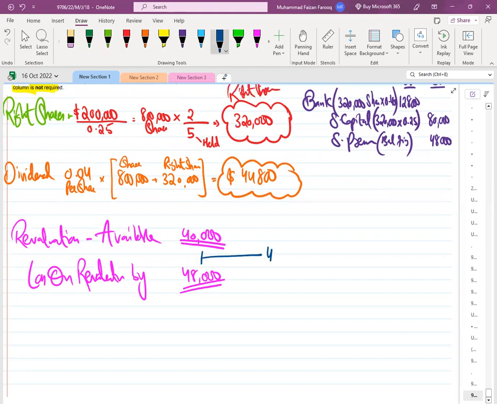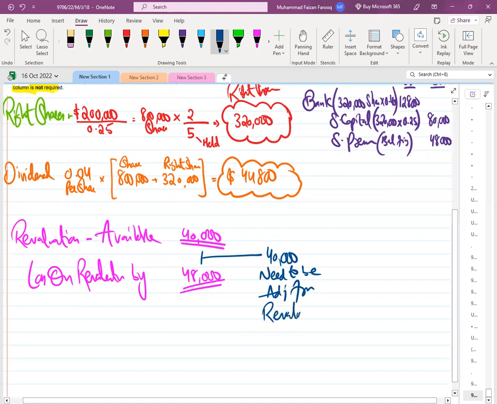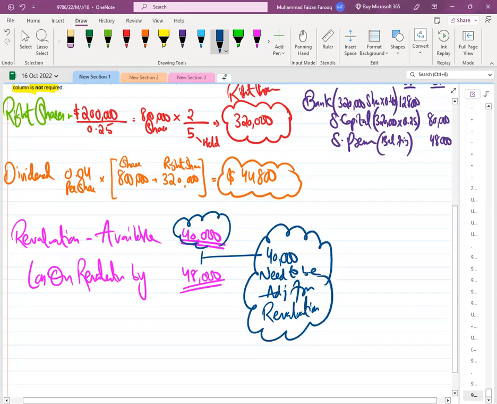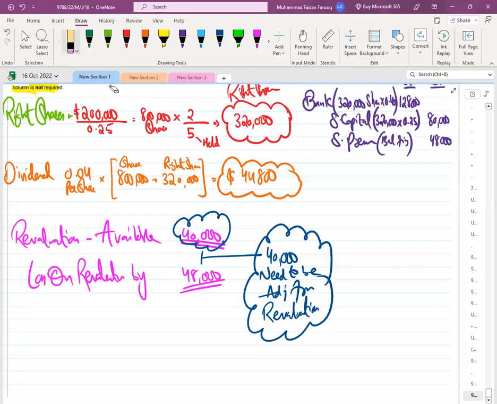40,000 needs to be adjusted from where? The retained earning? Revaluation. No. We had revaluation how much? 40,000. So what should we do?